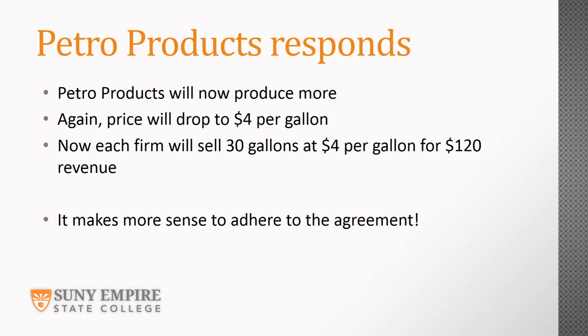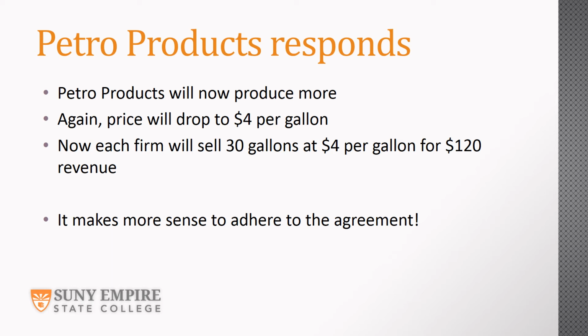Of course, this is not acceptable for Petroproducts. They will respond by also increasing their production to 40 gallons. This causes a further drop in price because of the extra supply, down to $4 per gallon. Now, each firm sells their original 30 gallons, but at $4 per gallon.